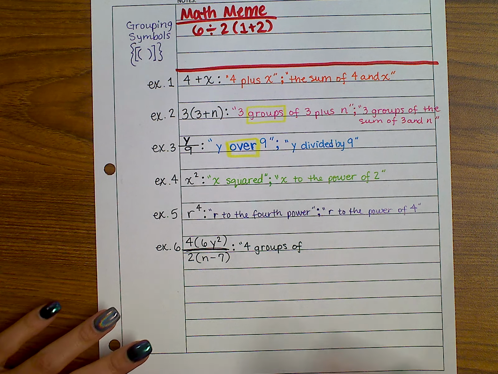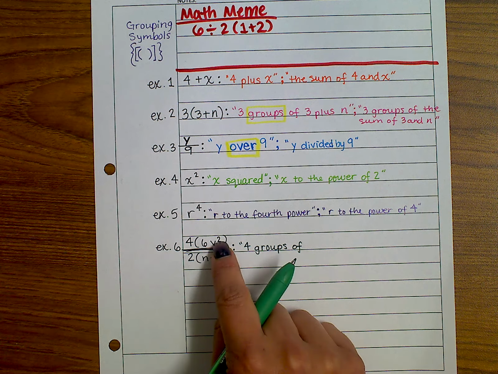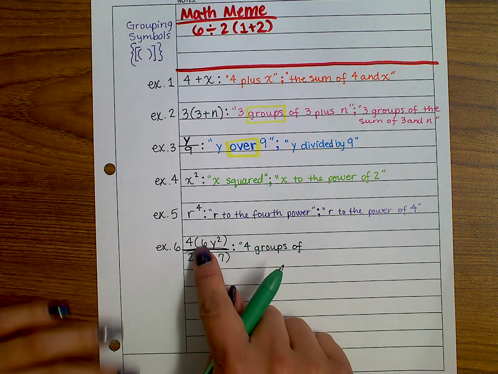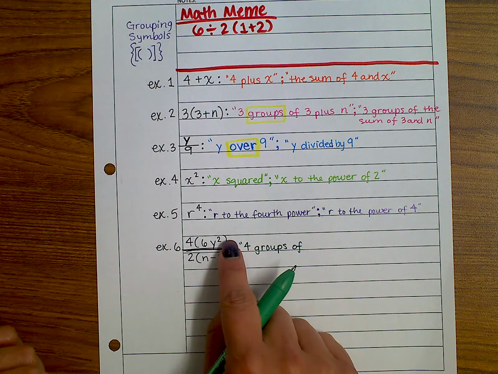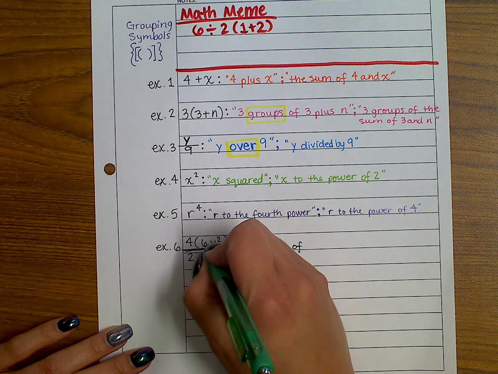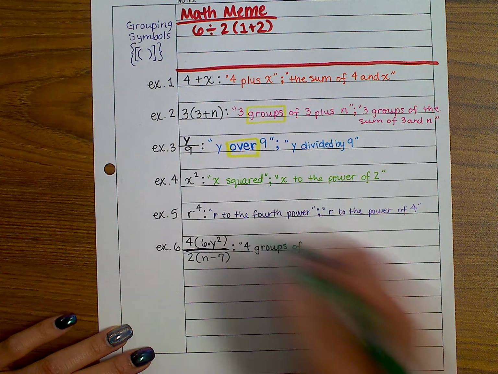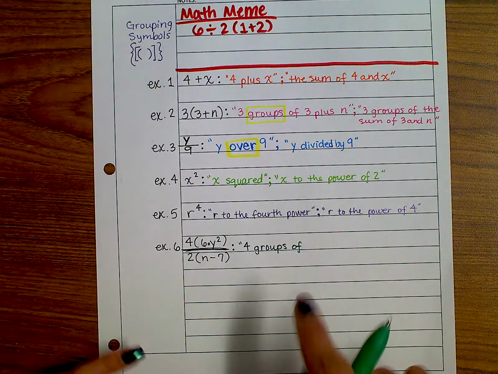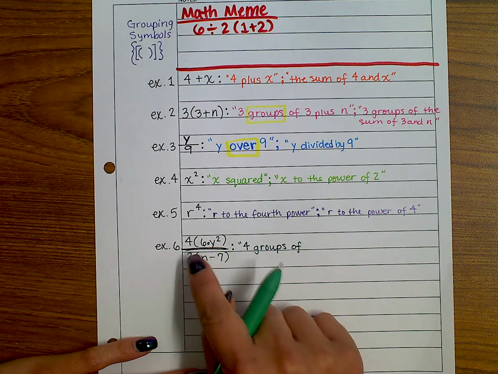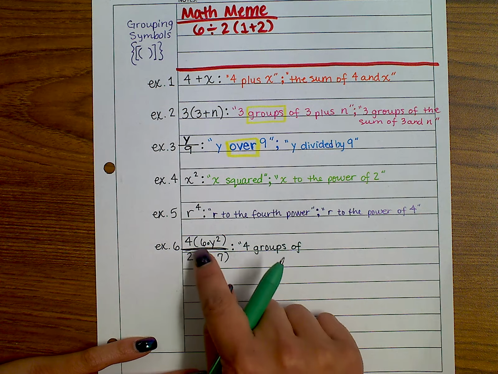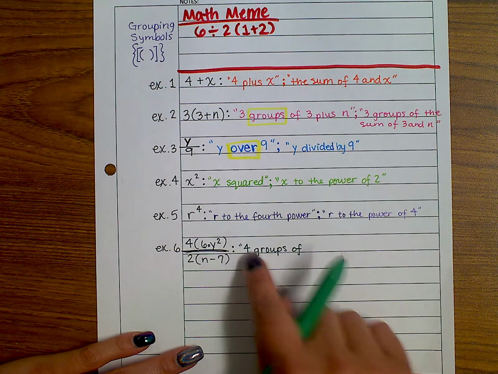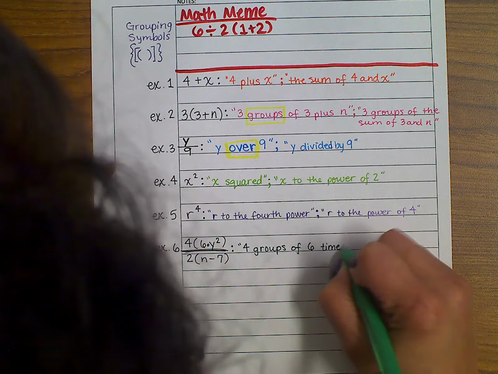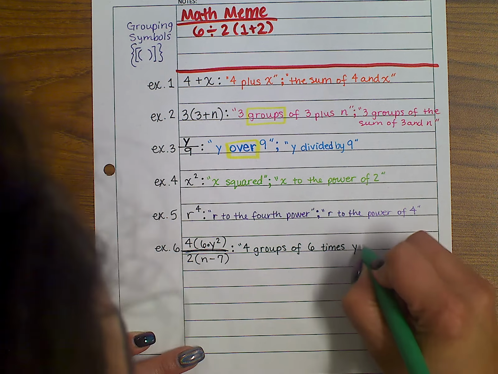You hesitated because that looks like 6y squared. But then I asked you, what's being implied between the 6 and y squared? And y'all told me, well, technically, they're being multiplied. So it's completely fine because there are no grouping symbols between the 6 and the y squared. So we're at 4 groups of 6 times y squared.